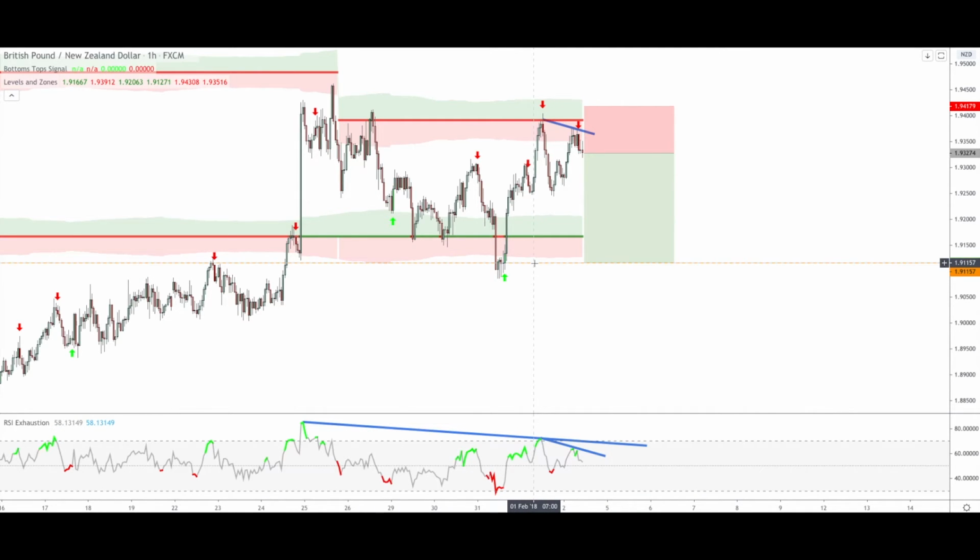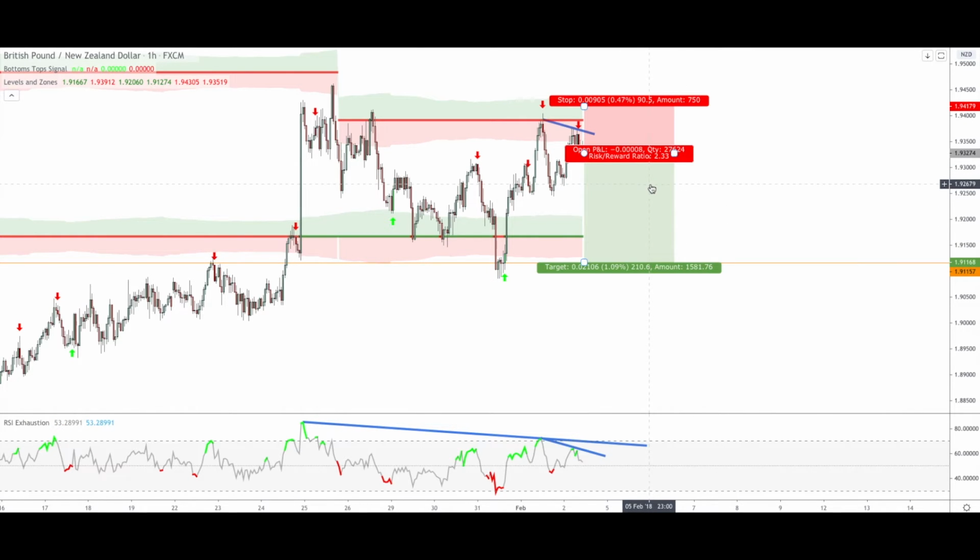Okay, so as you can see, it was a structure here, it was a structure here and here, and we don't have any previous structure, however. So what you can do in this case, the risk reward is above 2, which is usually my minimum, so it's 2.33, which is okay.